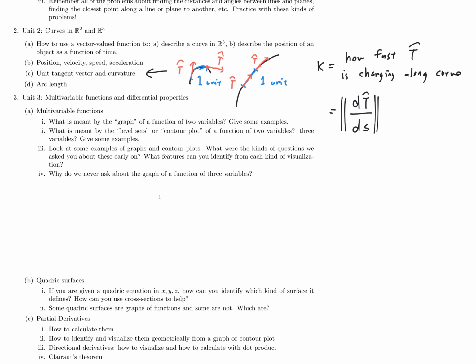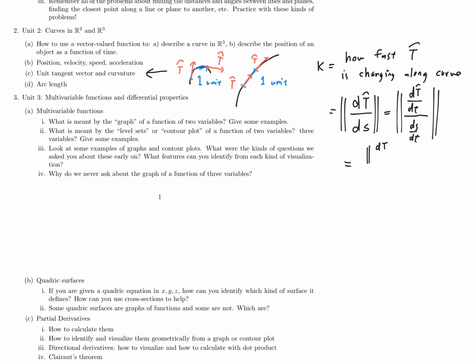Now, this is often difficult to calculate directly, so you can use chain rule, and this ends up being the magnitude of, if we use chain rule correctly, dt hat dt. If we parameterize the curve, it's not hard to get a formula for t hat in terms of the parameter. And then ds dt, but as we'd seen, ds dt is really just the speed.